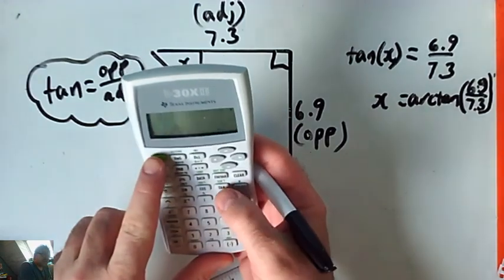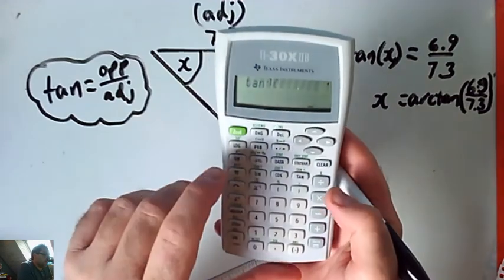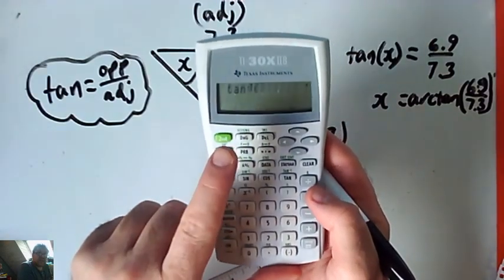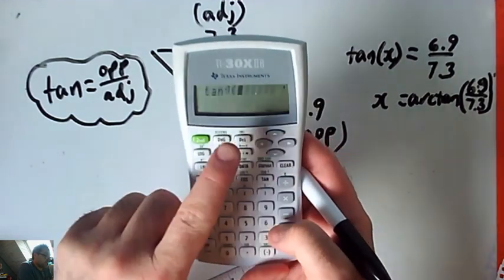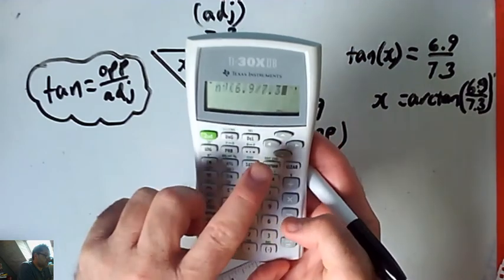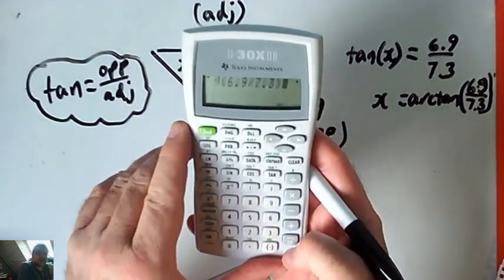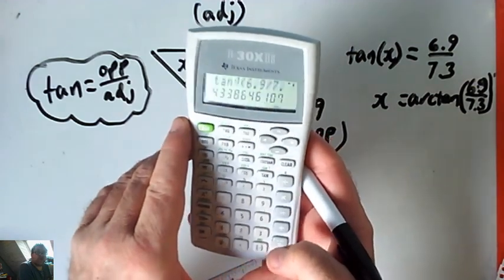So second function button or shift button with the tan to get the inverse tan, and it gives me that horrible -1 notation that I don't like. It's opened brackets for me. 6.9 divided by 7.3, close the brackets, equals 43.3 and a bit.